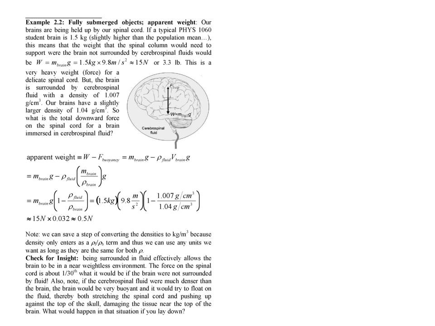Now, taking a look at a quick application of this, you may find it interesting that your brain is supported entirely by the brain stem, and this is only possible because the brain is sitting in what's called the cerebral spinal fluid. This creates a fairly significant buoyant force on the brain, which decreases the apparent weight of the brain.